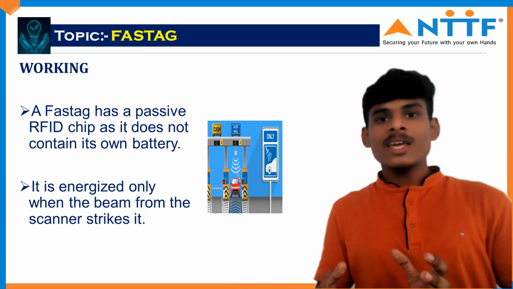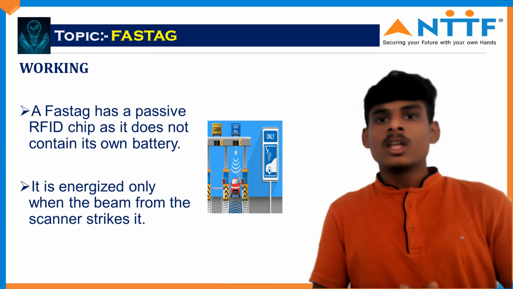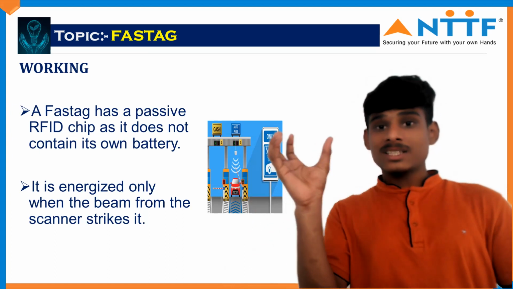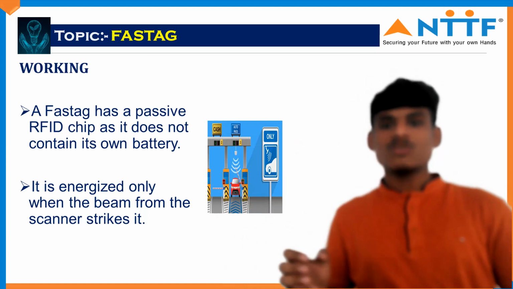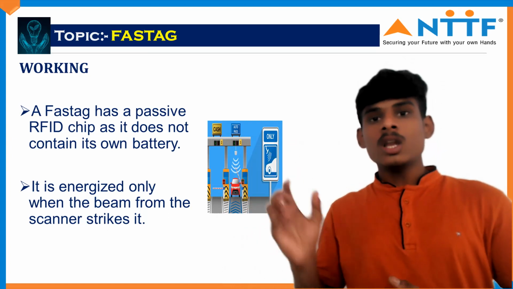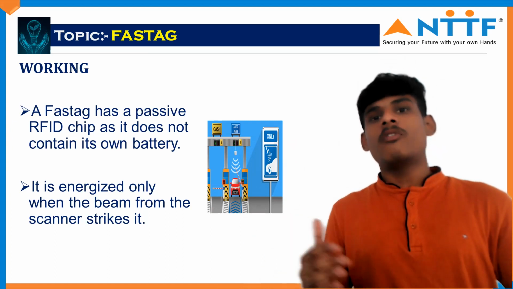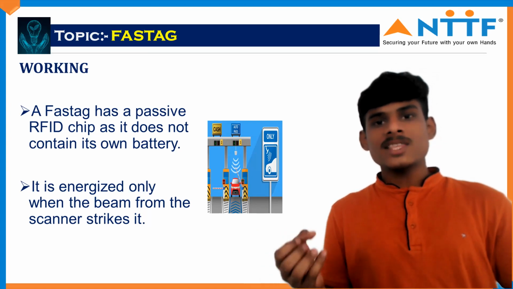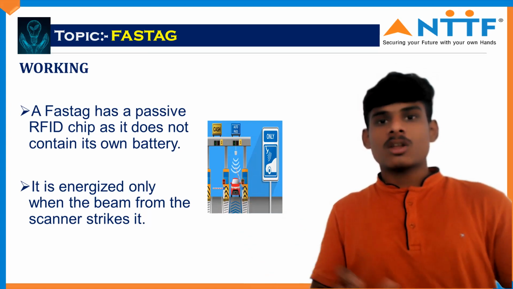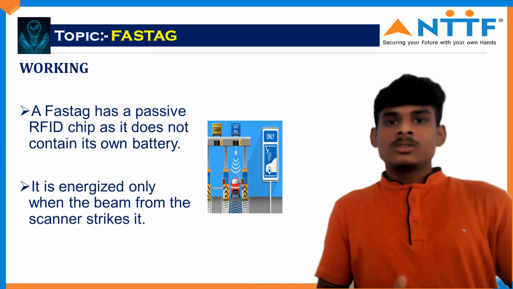That copper wire conducts when the sensor placed on the bottom of the beam on the toll strikes it. At that time it produces some wave or signal which is able to be caught by the sensor. So it's all about the working of the FASTag technology.